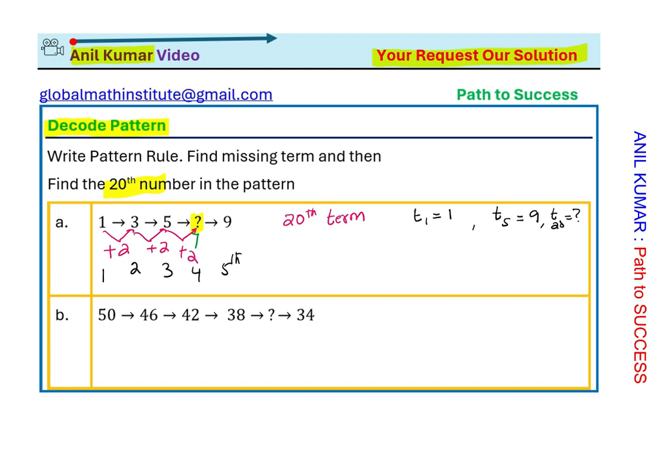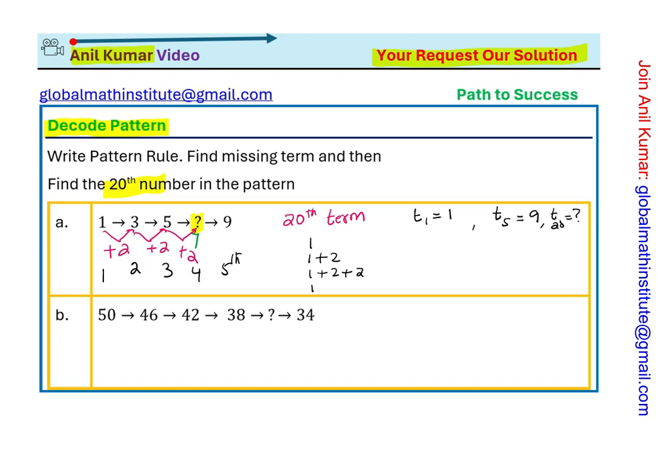How do we get the 20th term formula? The way to derive this formula is systematic. What we see is that we started with 1 and then we added 2, then another 2, so we keep on adding 2, correct? You can see that in term 1, we did not add anything.